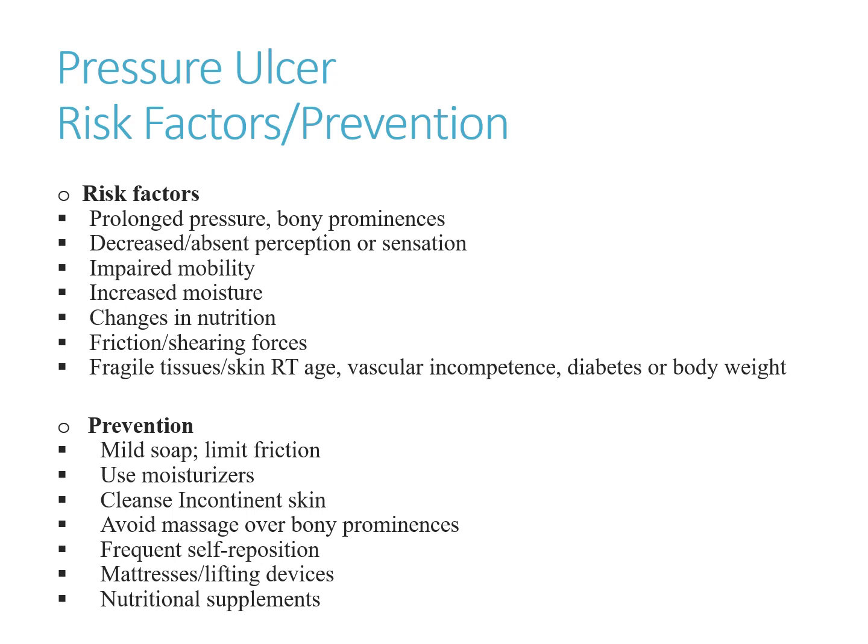Fragile tissue, when somebody gets older, not a lot of subcutaneous fat, and the epidermis is very thin. So vascular incompetence puts somebody at risk because you need blood flow for healing. So if there's poor blood flow to a space, healing can be very difficult.